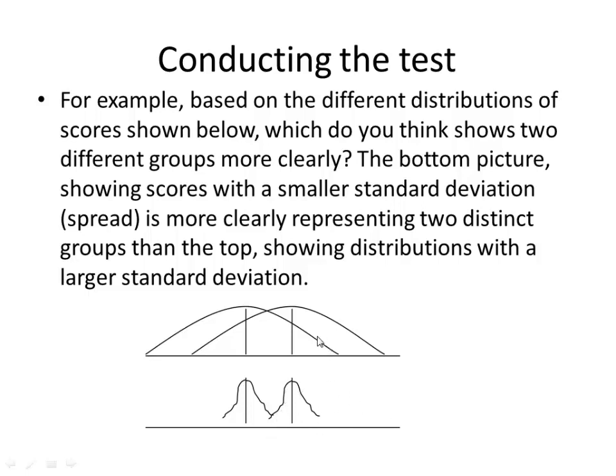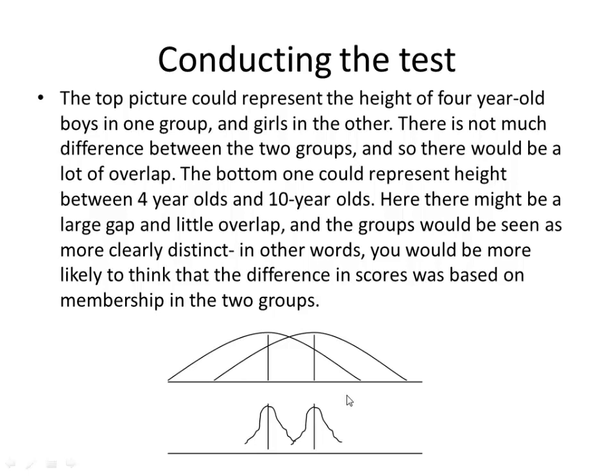The larger the standard deviation, the more spread out the scores are. This picture on the top shows a distribution of 2 groups with a larger standard deviation, larger variance, larger spread of the data. And when you have overlap, like you do in the picture on the top there, it's less likely that there's a meaningful difference between the 2 groups.